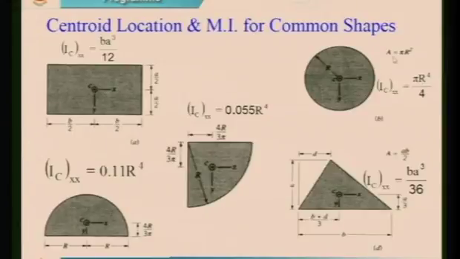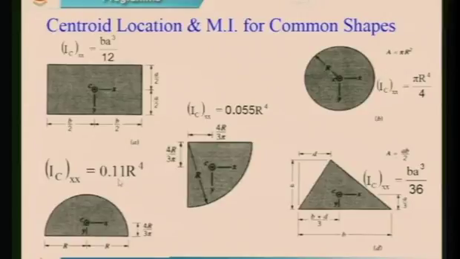Area you know very well, pi r square. If you take a semicircle, the area is no doubt pi r square by 2, but the moment of inertia is 0.11 r to power 4. This you have to remember. For a semicircle, the moment of inertia along the x axis like this is 0.11 r to power 4. But for a quarter circle, it will be half of this.